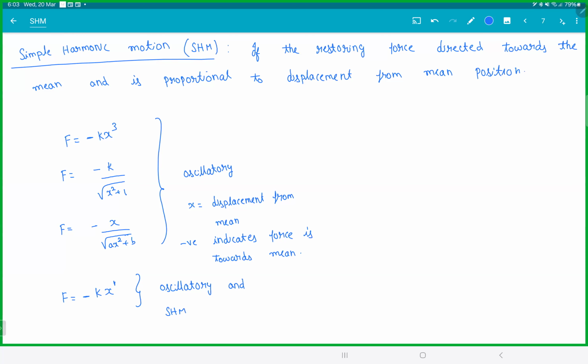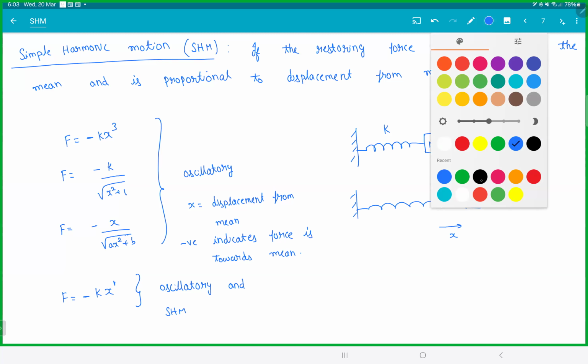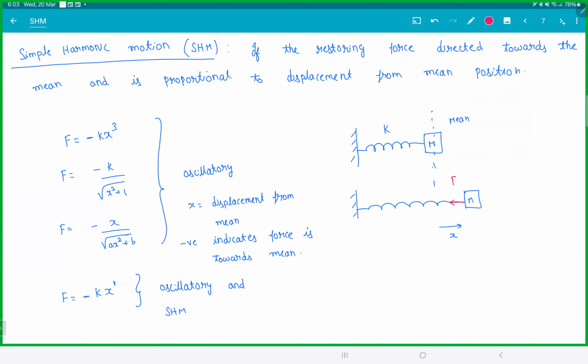Next thing. Now, if you take an example for this, the best example is your spring and block. We will see more later on. So if you have a spring and block here, let's say this is your mean position. If you displace this from the mean position by x, the force acting on the spring F is given by minus kx. Isn't it?